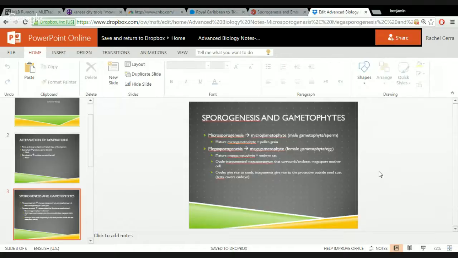That cluster of cells is called a microsporangium. Inside of the microsporangium, you've got these small microspore mother cells. These are diploid. Sometimes they're called microsporocytes; I've seen some of them called that.